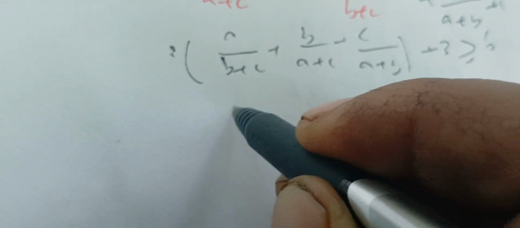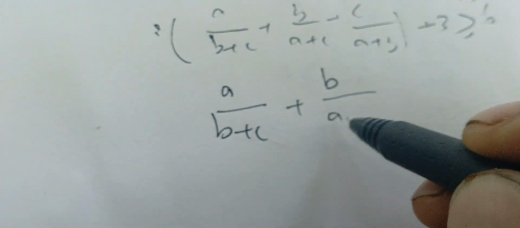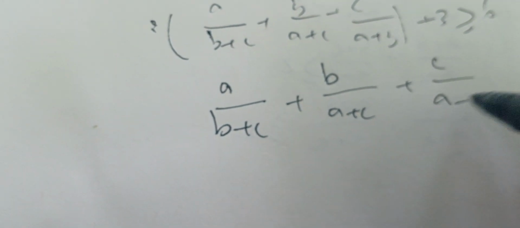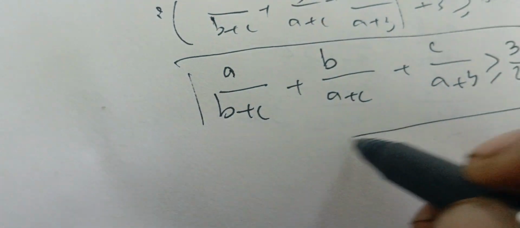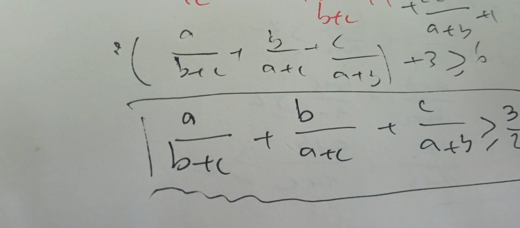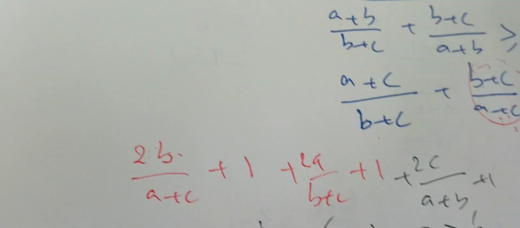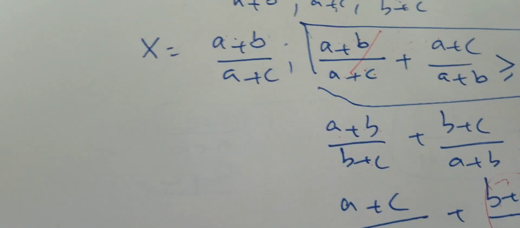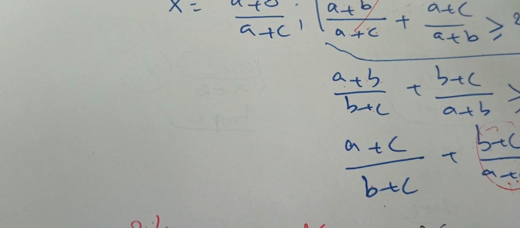I'm going to have a over b plus c plus b over a plus c plus c over a plus b is bigger than 3 over 2. So I'm using some simple algebra. I didn't write all the steps, but you see them clearly.